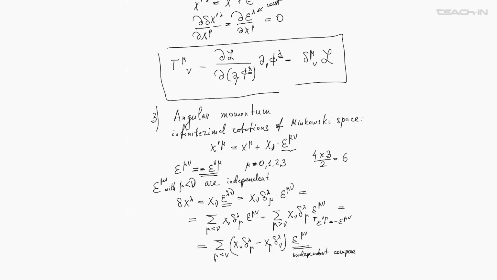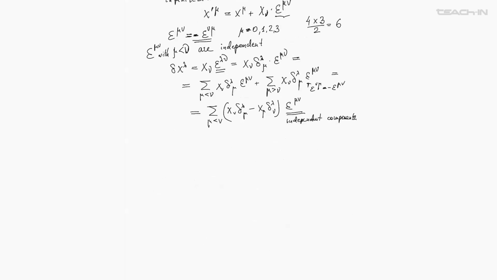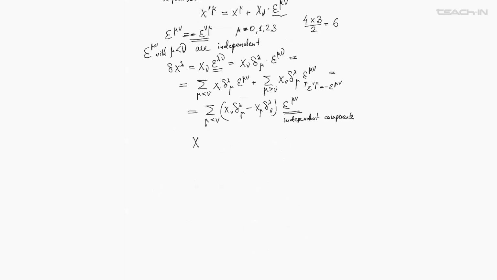From here we read off that the response x^λ_μν of our coordinates on such a variation is given by x^ν δ^λ_μ minus x^μ δ^λ_ν. This is a response for μ less than ν. These functions x^λ_μν are defined for μ less than ν.